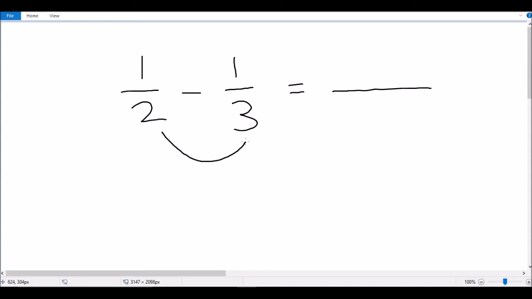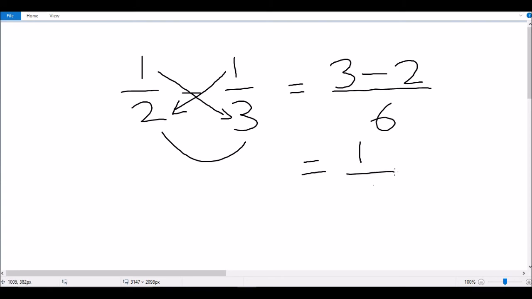We'll multiply the denominators, so that's 2 and 3, which gives us 6. Then we'll multiply 1 and 3 to give us 3. This time we'll put the minus sign there because we are subtracting these two fractions, right? And then we'll multiply 1 with 2 to give us 2. And 3 minus 2 is 1, so the answer we get is 1/6.